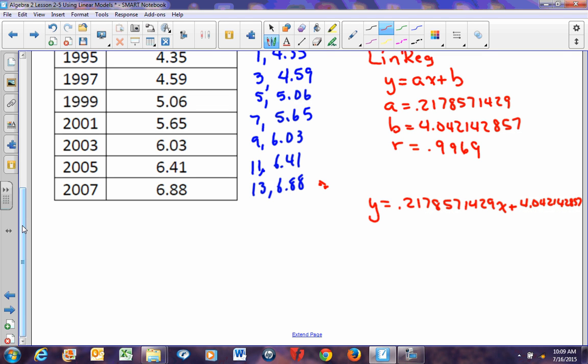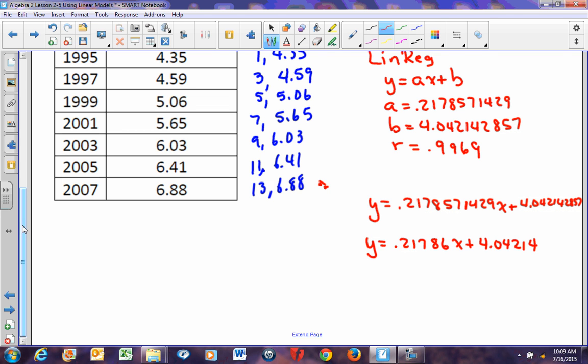Now, nobody ever wants to carry that many digits in their calculator, so you can round. I normally round to about 4 or 5 digits. So for me, I would probably round this to y equals 0.21786x plus 4.0421.